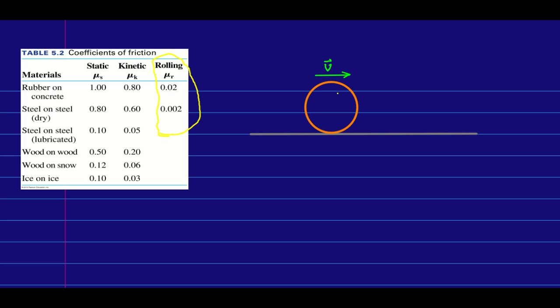When an object rolls, there's some compression that goes on at the front of the contact and some re-expansion at the back of where the object is in contact with the surface that it's rolling over. But this is not totally reversible.